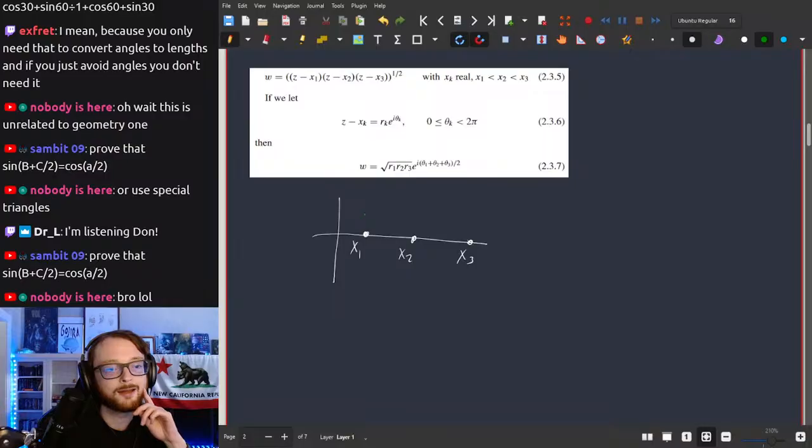So wait, I forgot where I was at with this. I found there's an issue with circling around x1. The angle measured from x2 is fine. The angle measured from x3 is fine. The angle measured from x1 is what jumps if we approach from above or below right there.